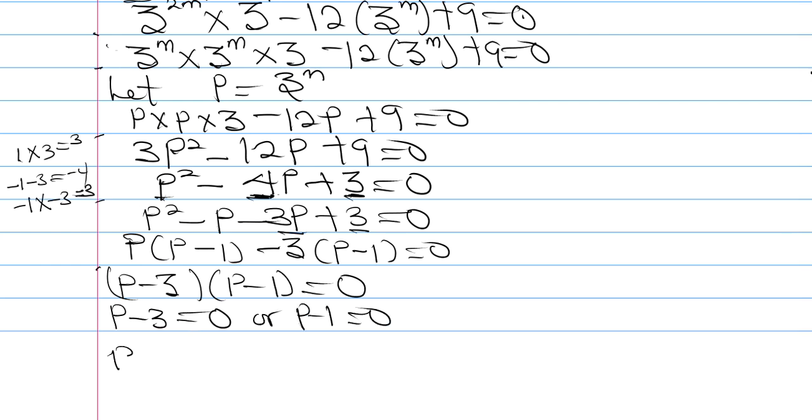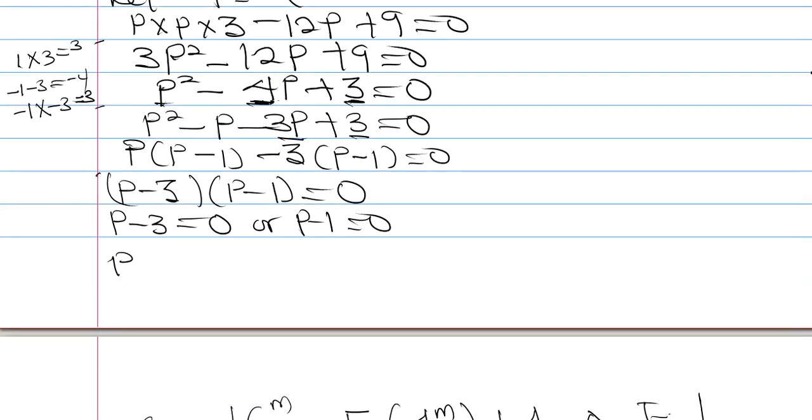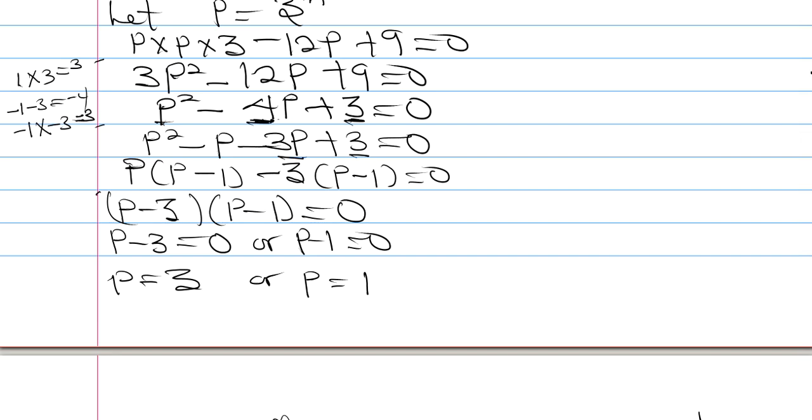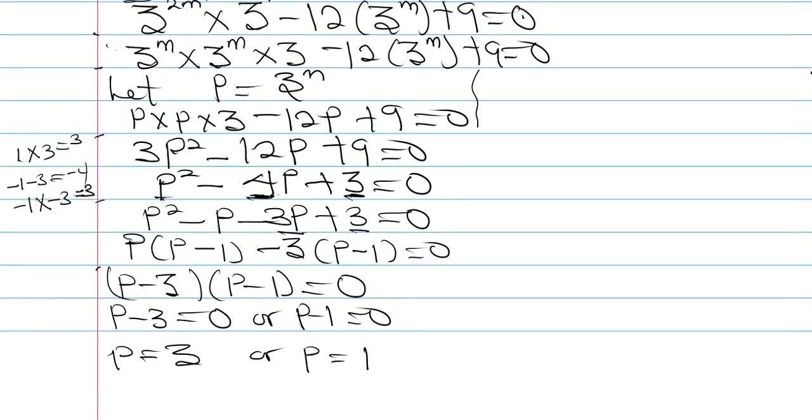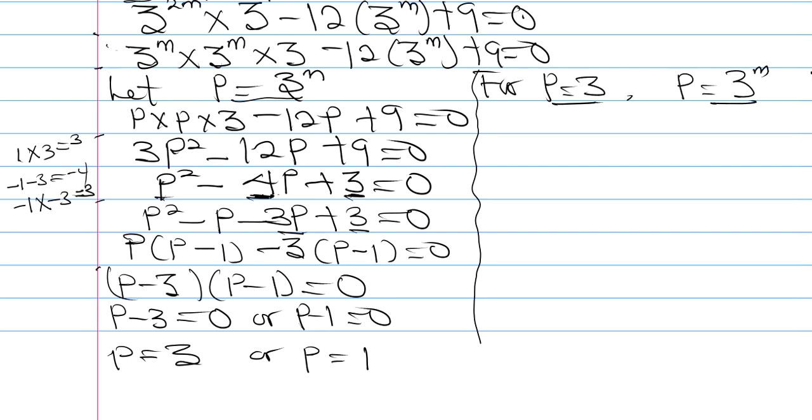That is, p is equal to 3, or p is equal to 1. But don't forget that we have assumed p is equal to 3 raised to power m. For p equal to 3, we now equate both values here.